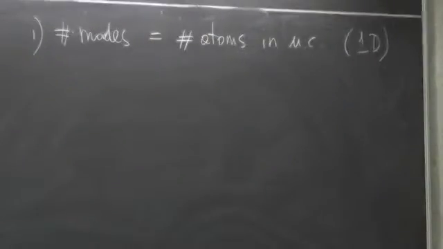Suppose I'm in 2 dimensions. I'm not going to do the exercise again. But suppose I had one particle in 2 dimensions, a square lattice, for example. Each particle, one particle in the unit cell, is characterized by 2 Cartesian coordinates.